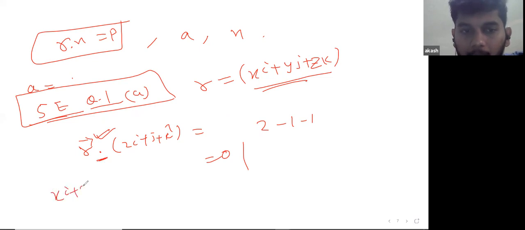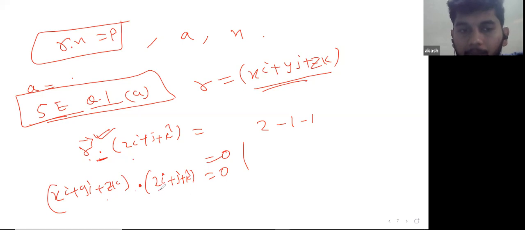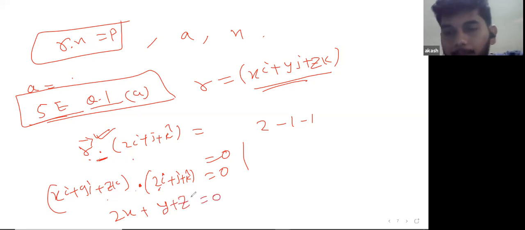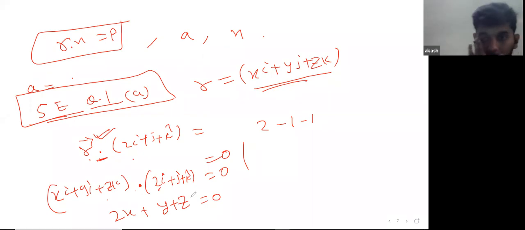So xi plus yj plus zk, this is a dot product. This was r dot n, right? So you have this dot this. In the dot product you get 2x plus y plus z equals 0. This will be your answer.